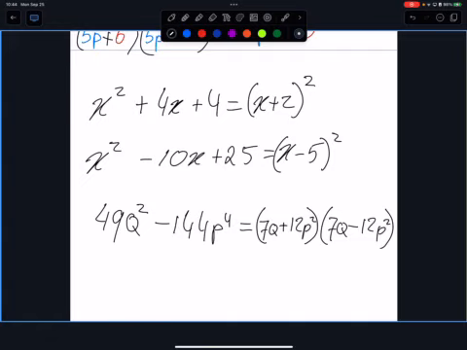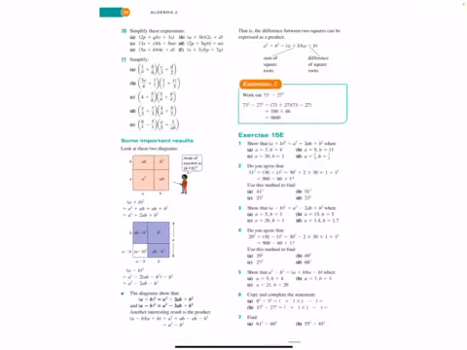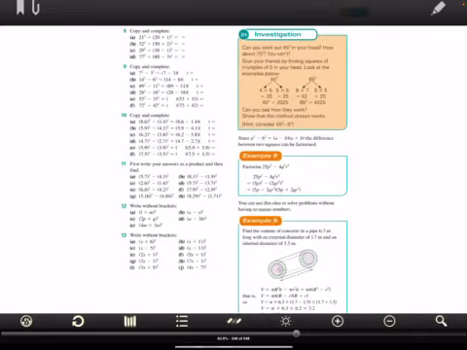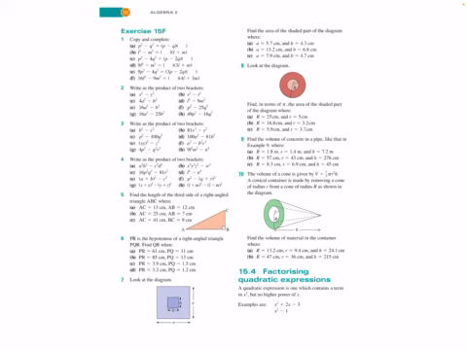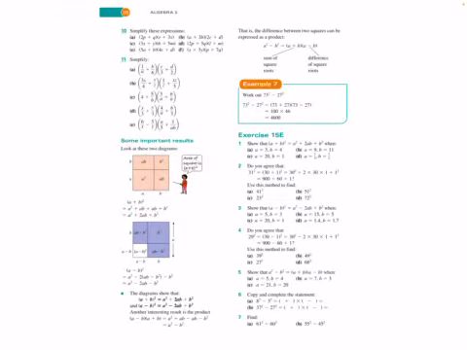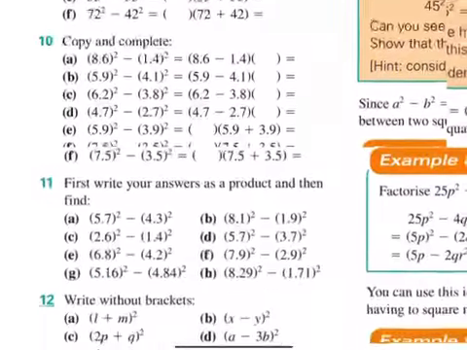How do you get the answer so quickly? By practicing a lot. All these exercises.